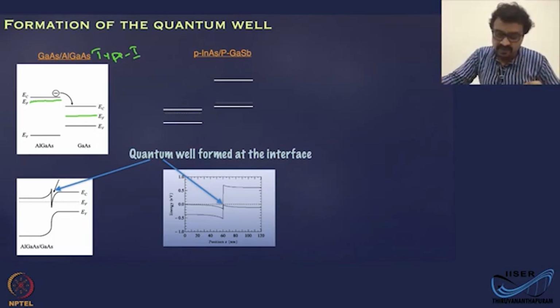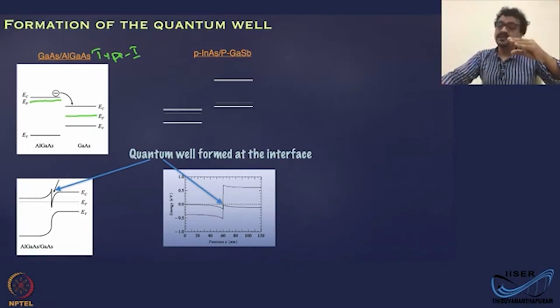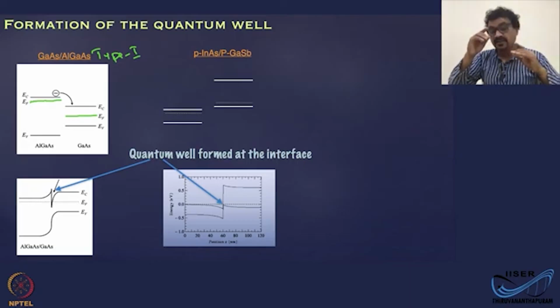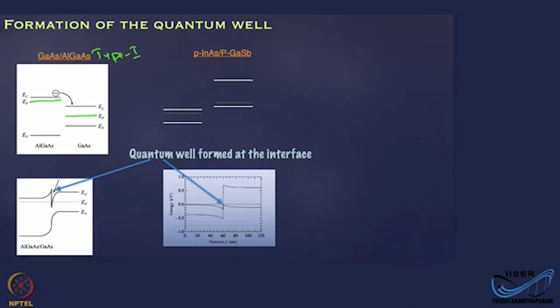Now you have these two Fermi levels. How are these Fermi levels aligned? You have this Fermi level, and you shift both sides so that the Fermi levels are aligned. But you have to do that keeping the band discontinuity unaltered.